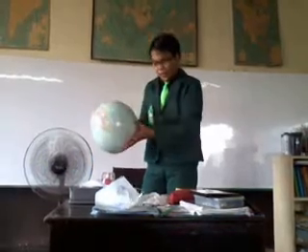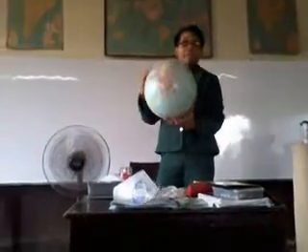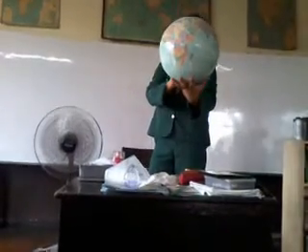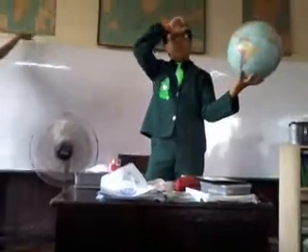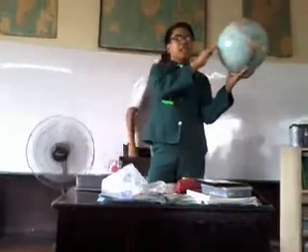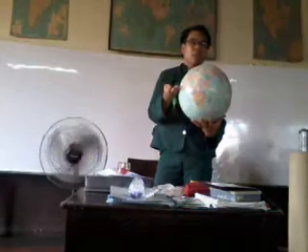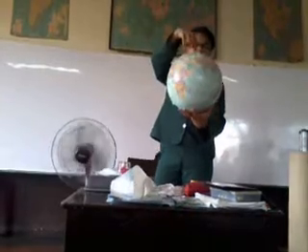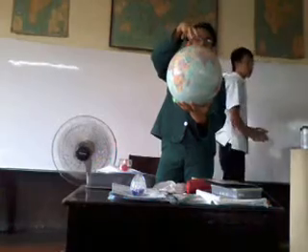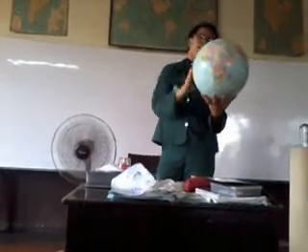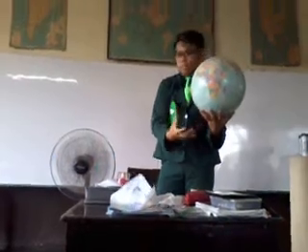Okay, so the next shape is a cone. If you see a cone, usually cone maps are only good for half of the globe. So imagine a cone covering this globe. It only comprises the northern and southern hemispheres for you to see.